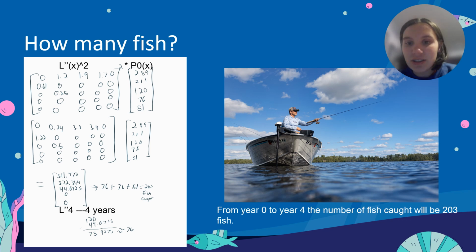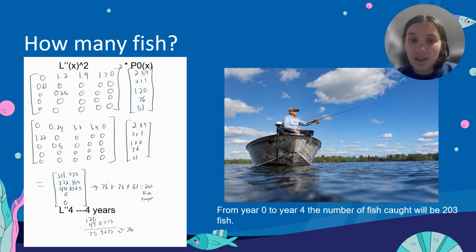We're only fishing from the bottom 3 age groups. So the way you just do it is I took the bottom 3 age groups and just subtracted. And the reason we're not doing the 2 to 4 age group is because I did not alter that in any way. It's just the original survival rate. We're not changing the survival rate. It's the same as it was before in L, so we're all good there.